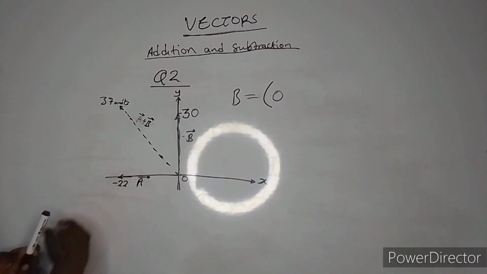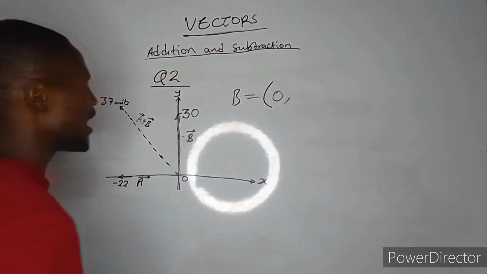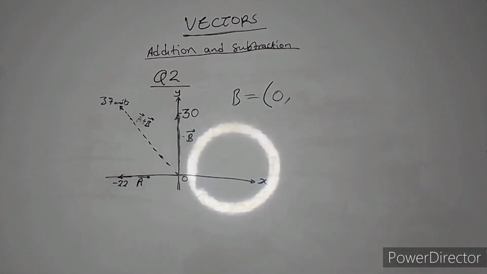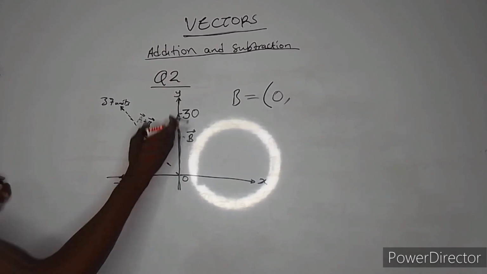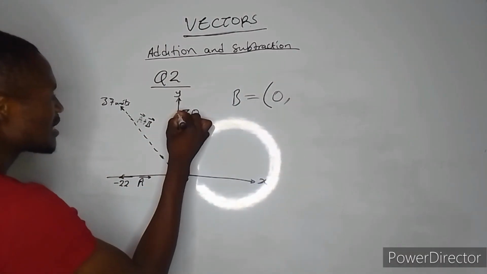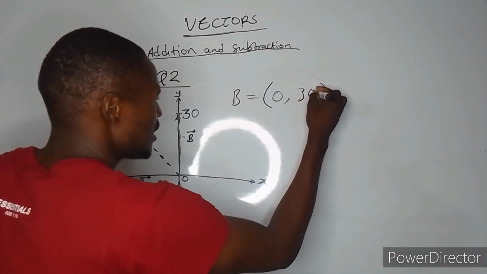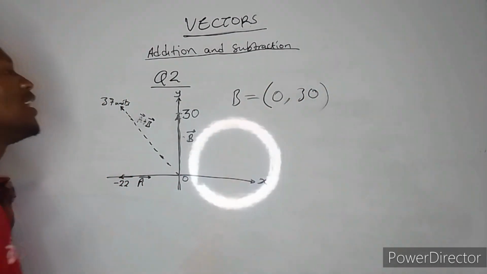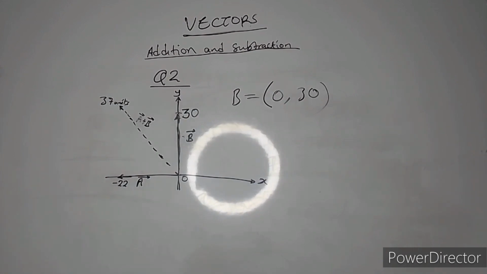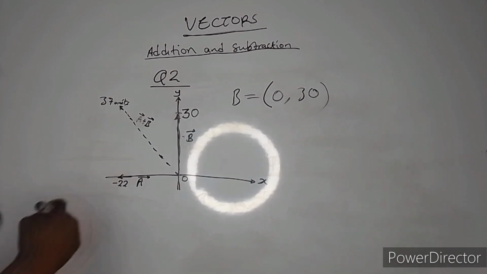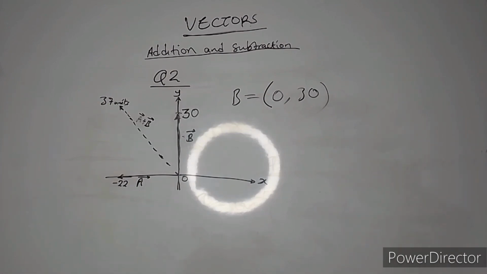Now, apart from that, let's check on the y component of b. So the y component of b, we can see that this is the point here. This is the point. So this is the 30. Therefore, these are components of b. Now, what are we supposed to do? It is really simple. We want to calculate the units for b. Therefore, we will go direct and calculate the magnitude.